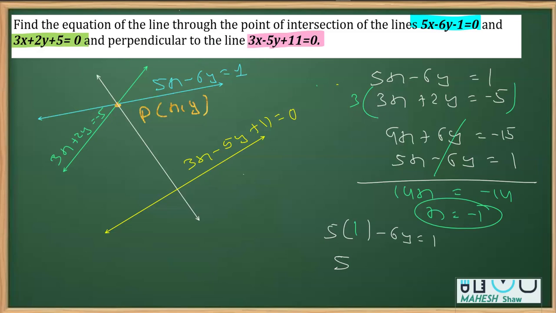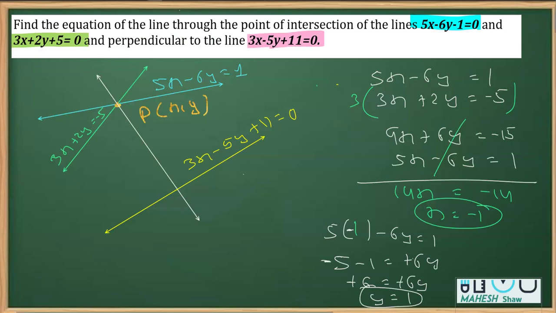Okay, so this is minus 1, not 1, right? This is minus 5, and I'm transposing it to this side. We get finally minus 6 is equal to 6y. So y is equal to minus 1.